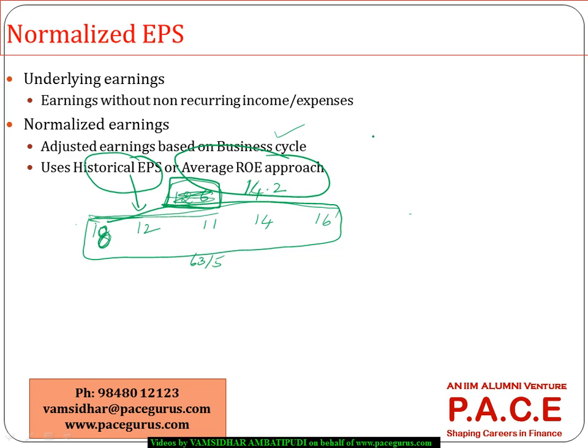In the other method, I don't go with the EPS. I find out the book value per share in each of the years. Let me assume that if the company is profitable, the book value per share will keep growing. So let me say the book value per share is 50, 55, 70, 80 and 90 or 100, for the 5 years.